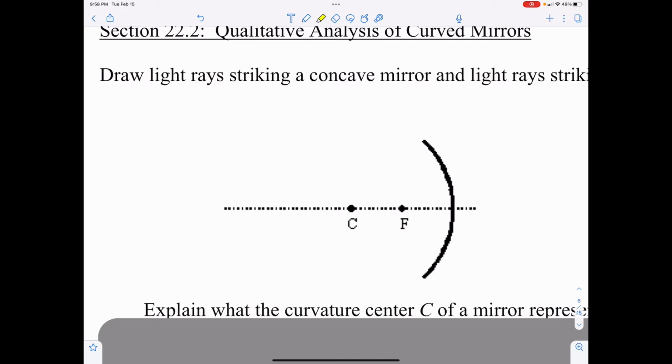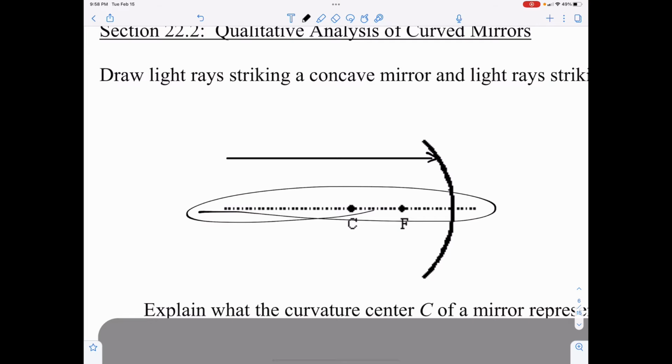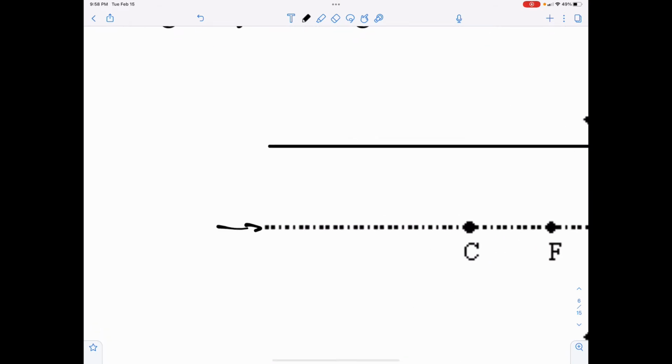First thing I'm going to do is draw parallel rays of light. So I'm going to have one parallel ray coming in like this. Okay, and by the way, this thing right here has a name. That is called the principal axis.